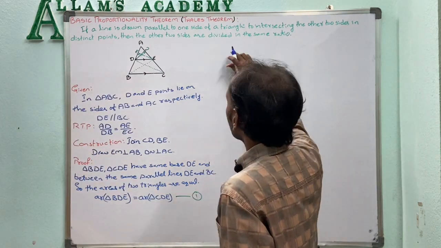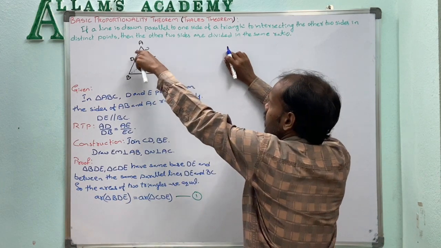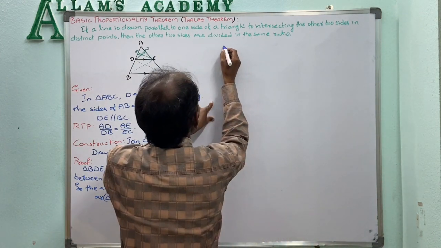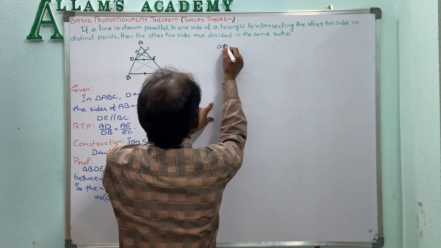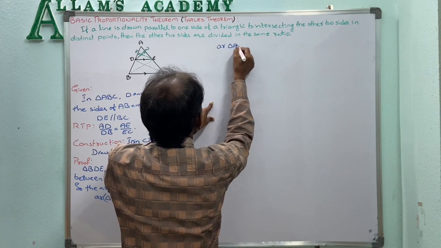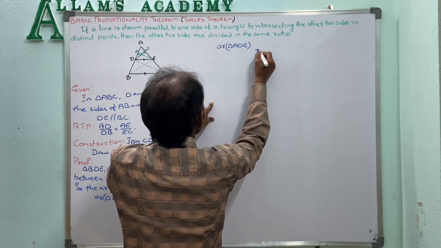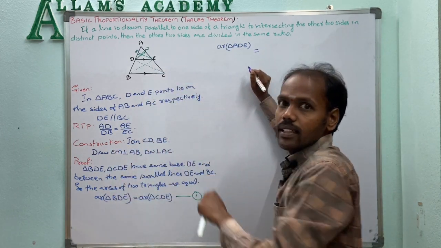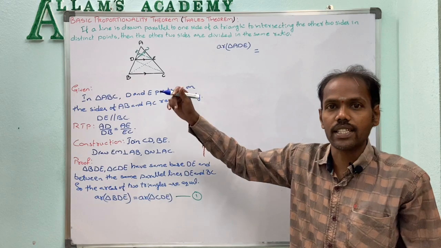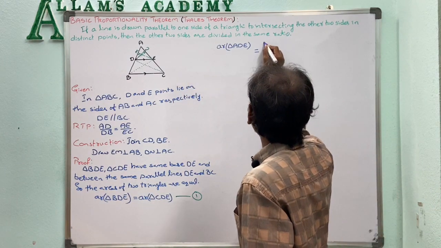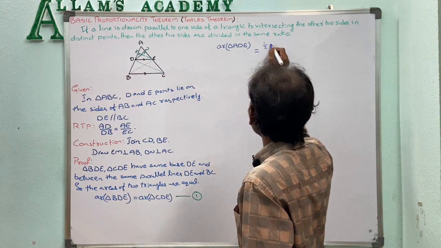Next we find the area of triangle ADE. The area of a triangle is half into base into height.